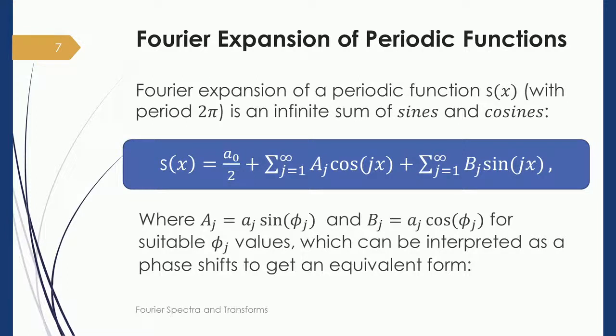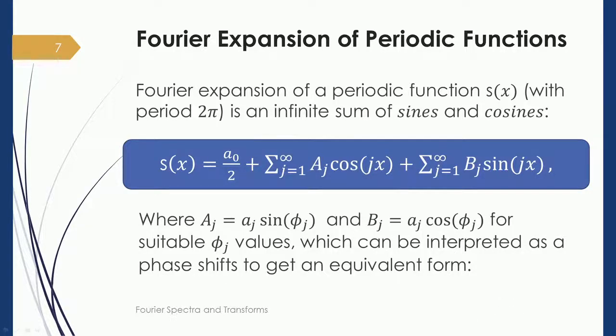Now that we know what a periodic function is, we ask, what is the Fourier spectrum of a periodic function? And to understand that, we will need to first notice that any periodic function can be expanded and written as a linear combination of sine and cosine terms.